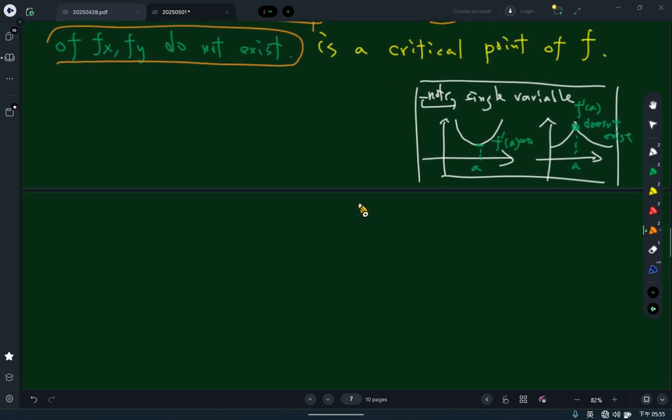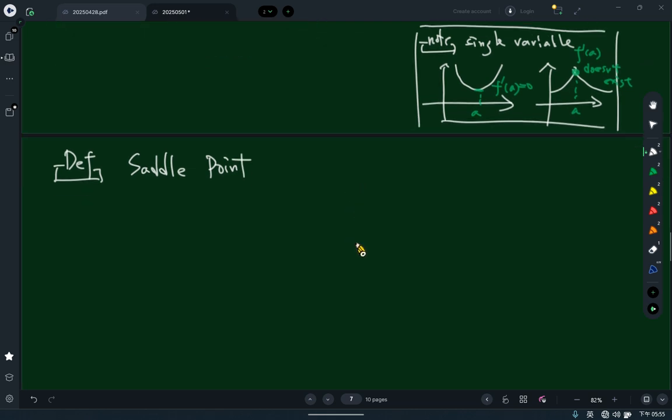Okay, then I will define the saddle point. As I said, a saddle point only happens in a two variable function. In single variable we will not have it. So what is the saddle point?